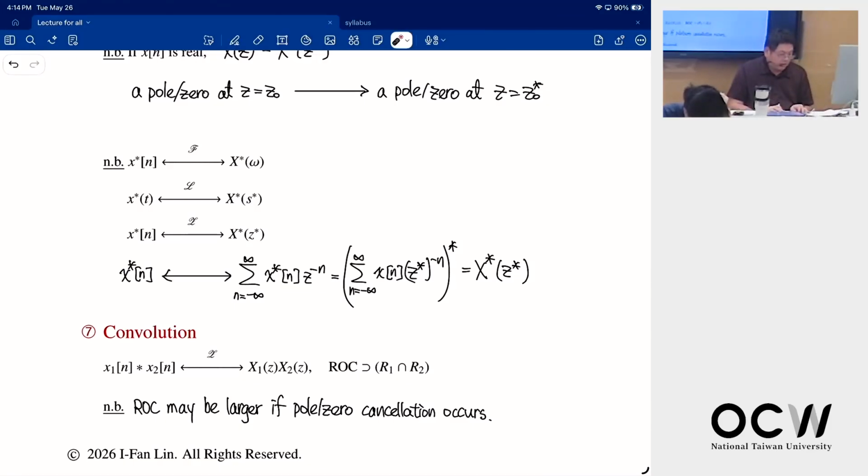All right, those are some important properties in Z transform.